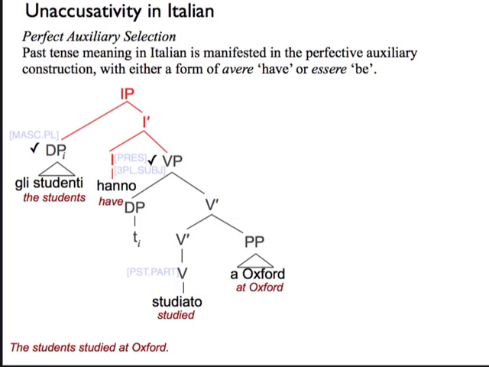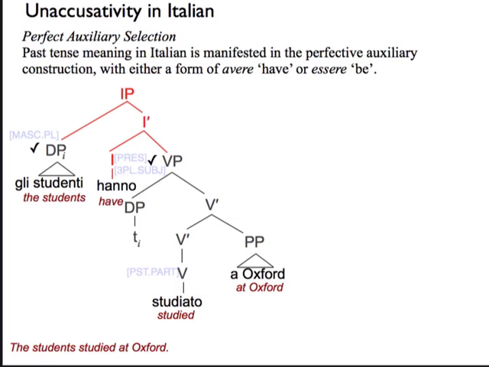Now, let's go back. I want to remind you about our observations concerning auxiliary selection in Italian that we went over last time. So just quickly remind you how that works. There's a have or a be auxiliary that is used to indicate past tense or perfective aspect.